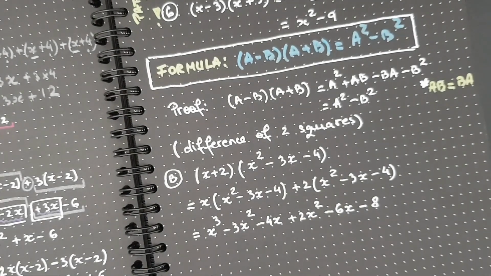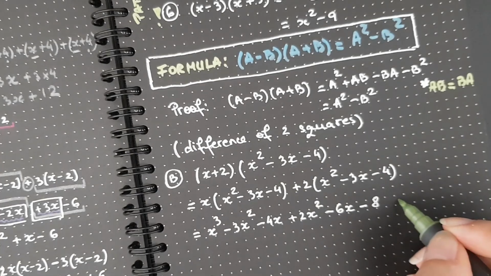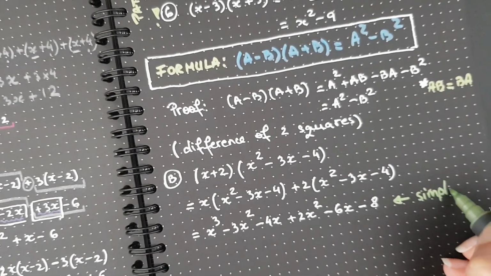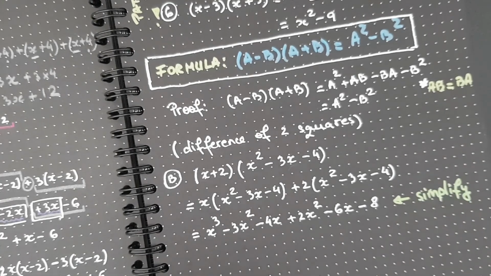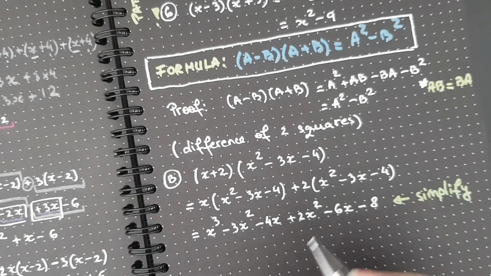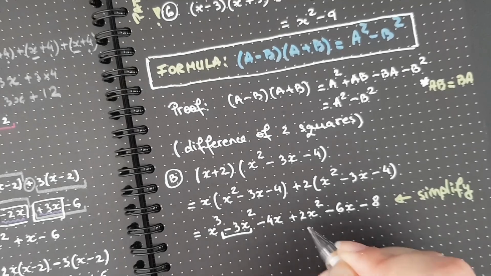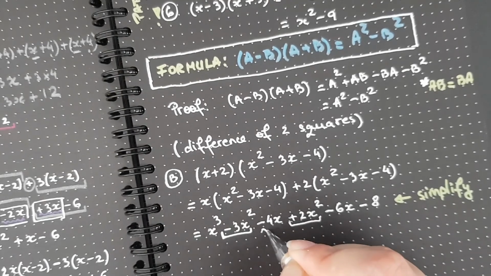Now, the issue here is the actual simplifying, and I will make an arrow and write simplify, because I could actually make a lot of mistakes here if I'm not paying attention, because I have a lot of extra terms than normal. So I've got the x squares and I've got the x's.